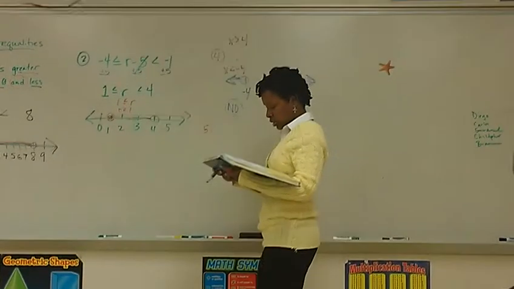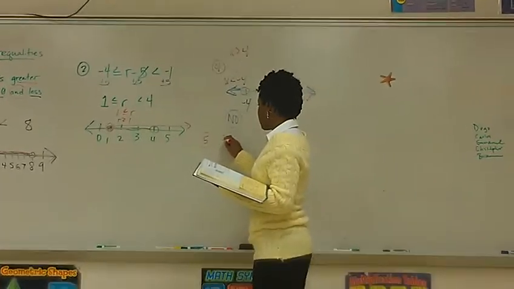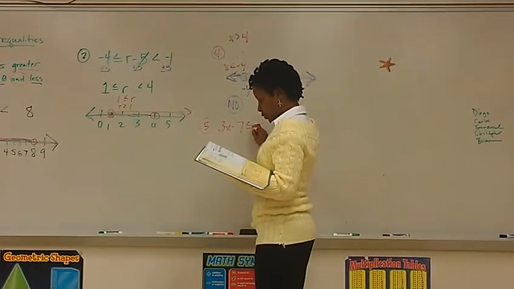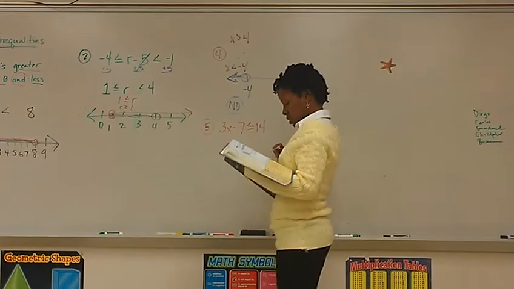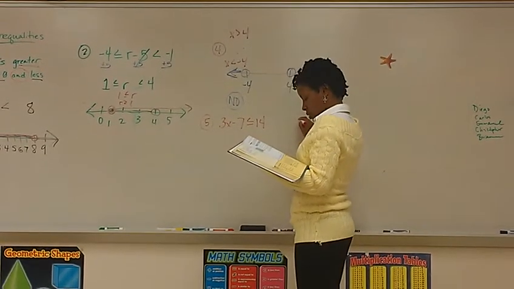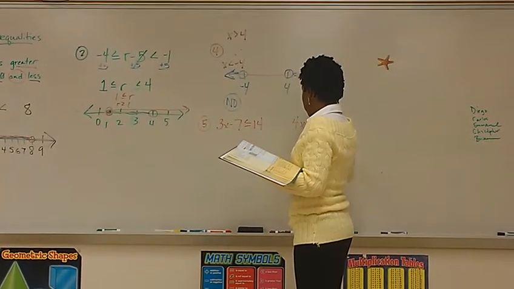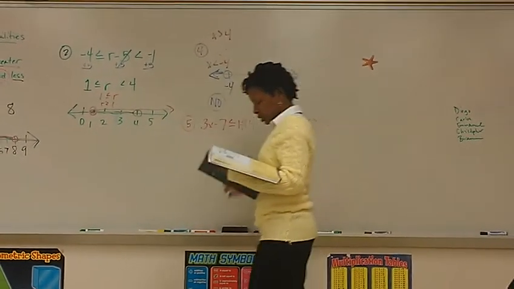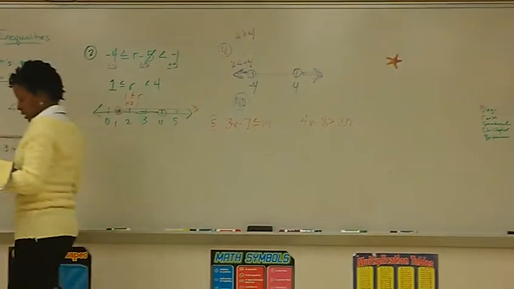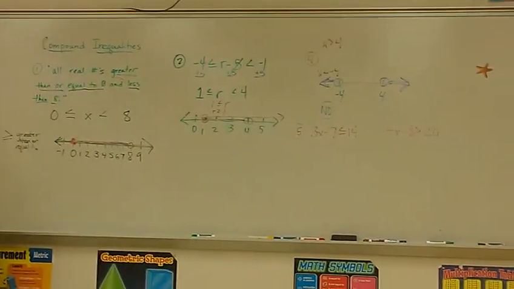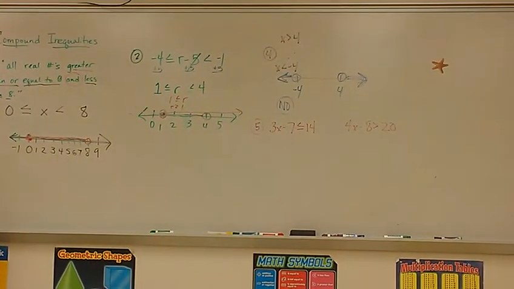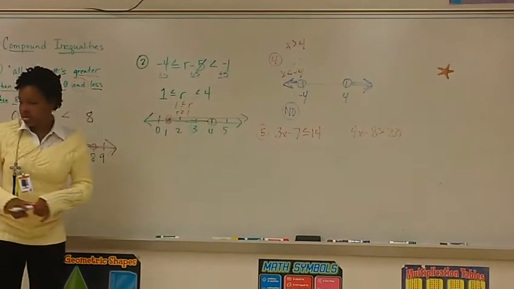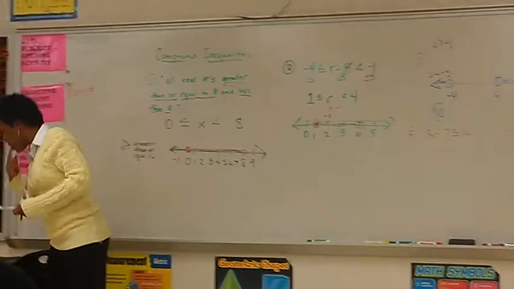It says, what are the solutions of 3x minus 7 is less than or equal to 14, or 4x minus 8 is greater than 20, and they want us to write the solution as a compound inequality and in interval notation. Ooh, I didn't know you guys had to learn that.